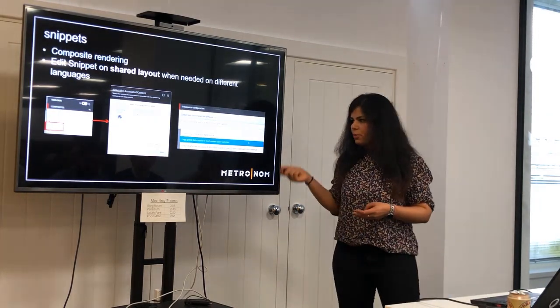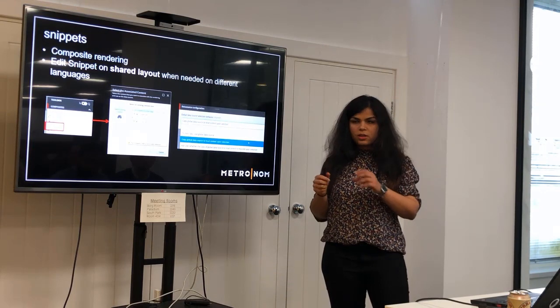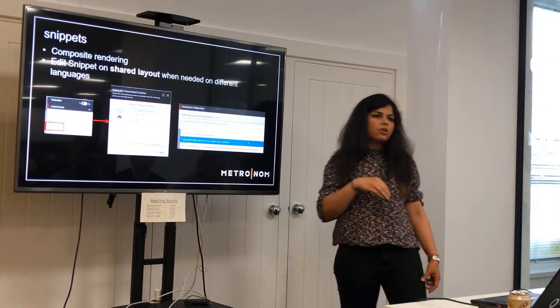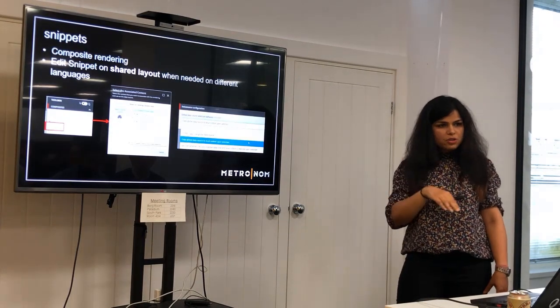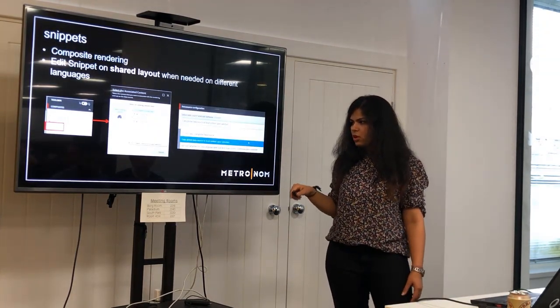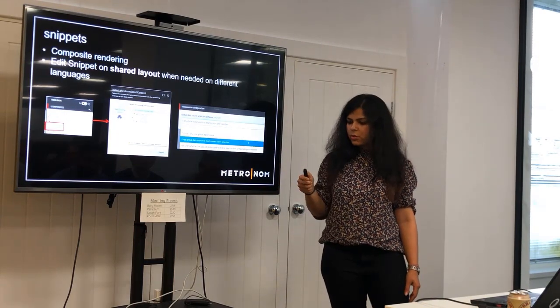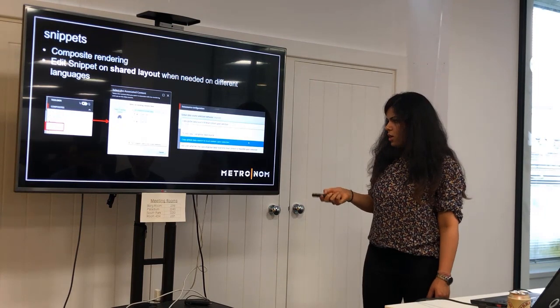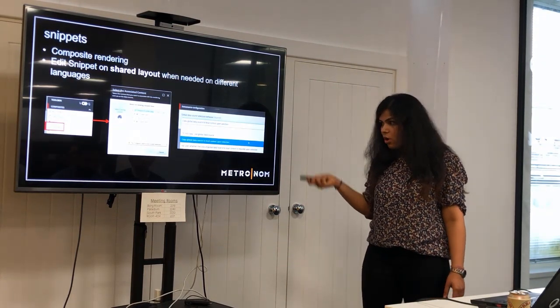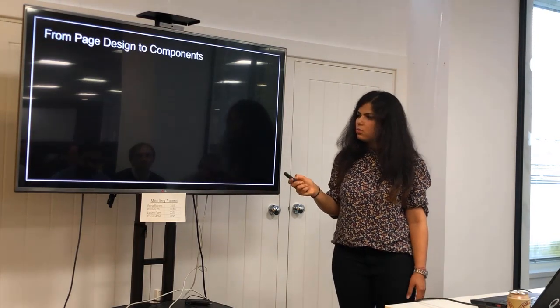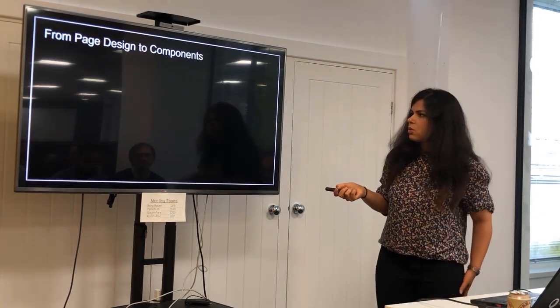Either you can copy the global data source, meaning the site level data source, or you can create a new data source under your current page. So for reusable snippets, you should use the copy global data source option, and for the snippets that you want to maintain only for your current page, you should use the do not copy option. And the third option is to ask the user every time for snippets if you want to create a new one, or you want to use a global one.